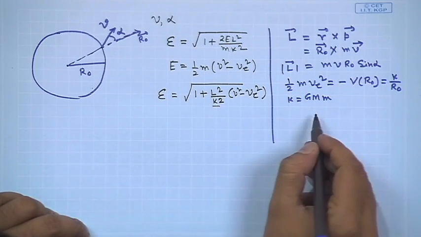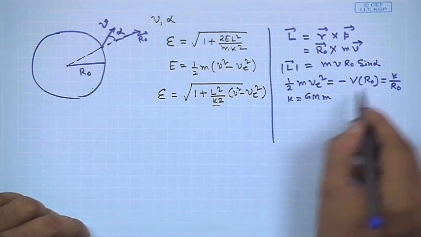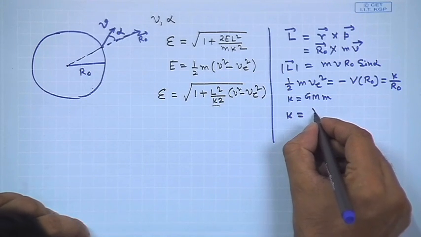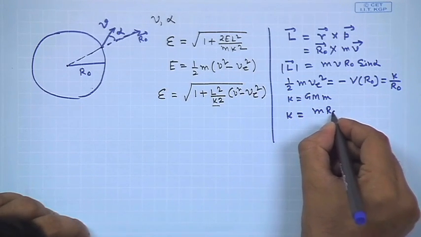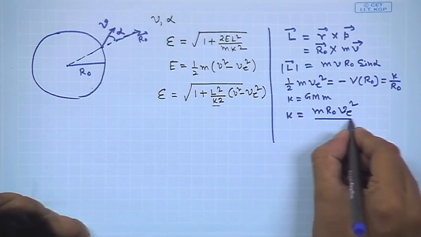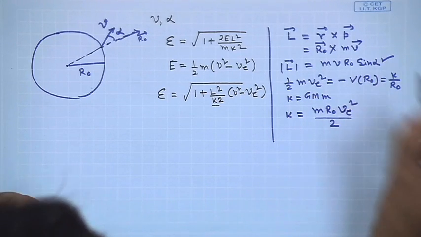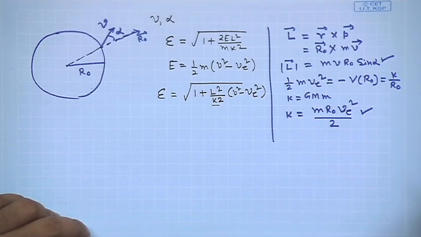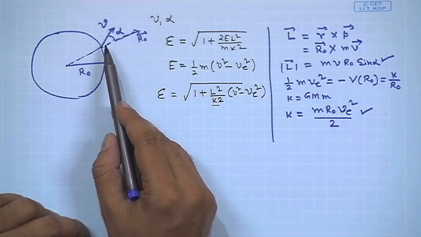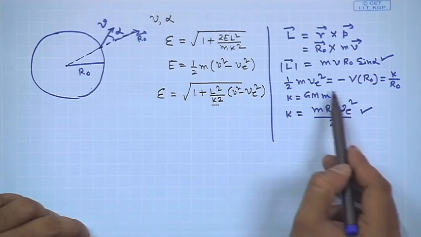Using this expression, we can write k is equal to m r0 v e square divided by 2. So, we have one value for L, one value for k, both in terms of the known parameters r0, m being the mass of this particle, and v e and v.